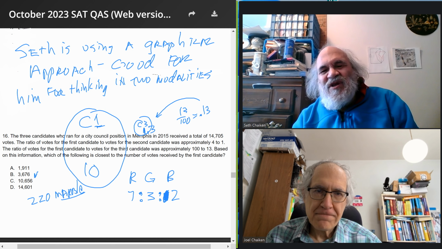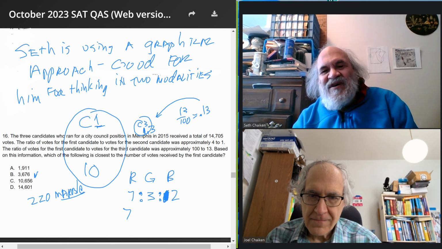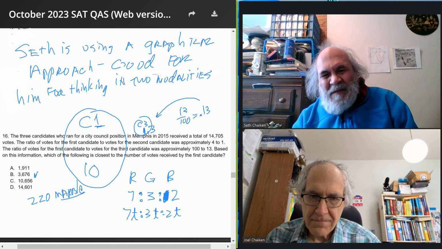So the ratio of red to green to blue is 7 to 3 to 2. The numbers are therefore 7 times T for red, 3 times T for green, and 2 times T for blue.